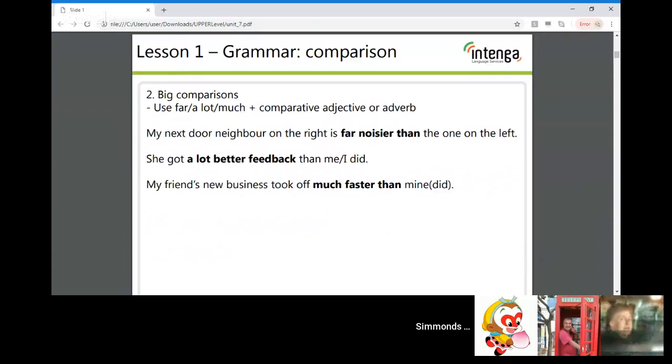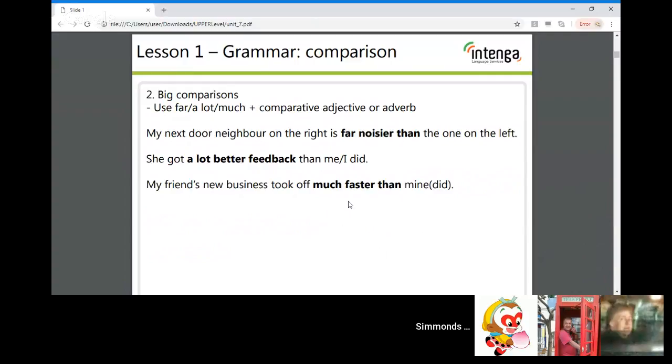She got a lot better feedback than me. I did. My friend's new business took off much faster than mine. Okay. So, very good.